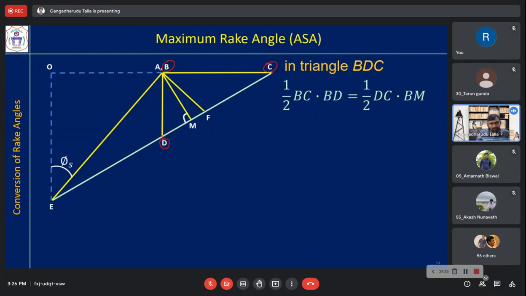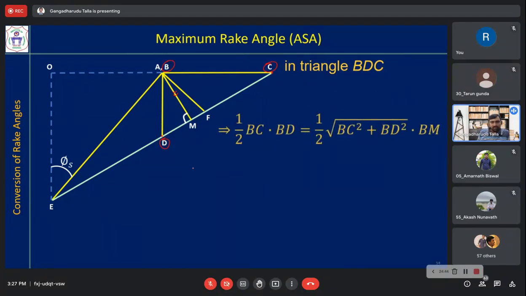Sorry, not AM, it is BM, because from B only we have drawn this line. Both are coinciding, but you have to consider BM, which is at the bottom.